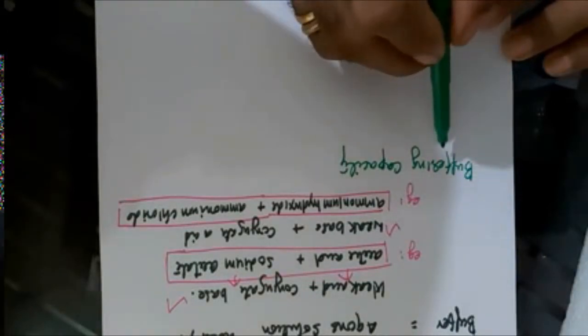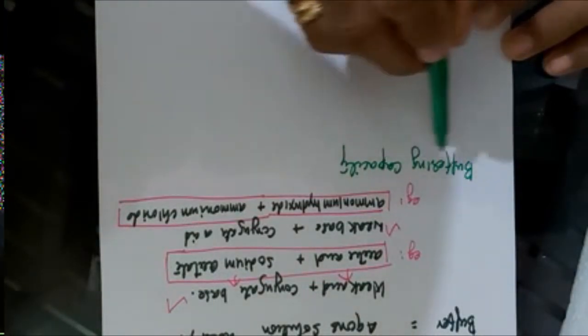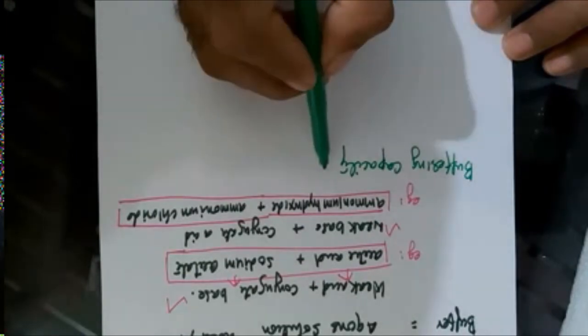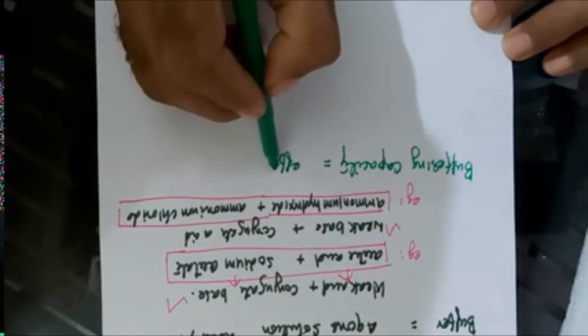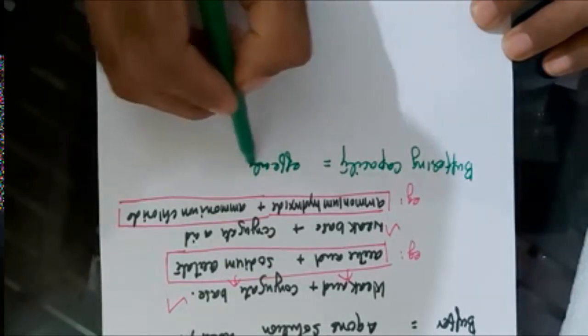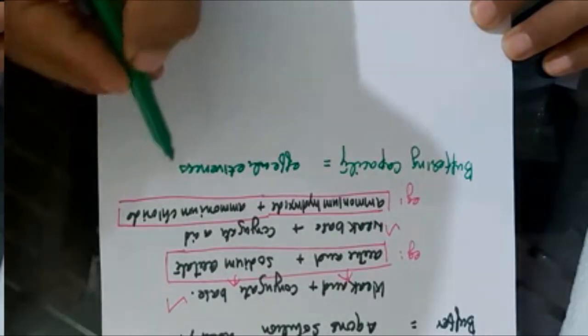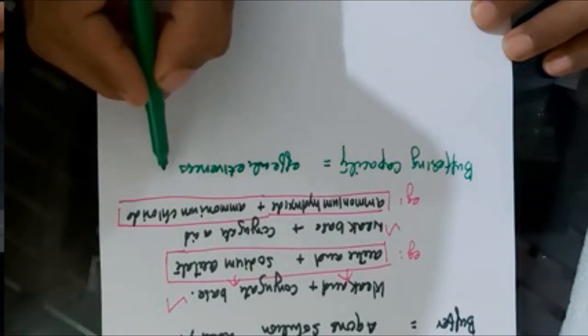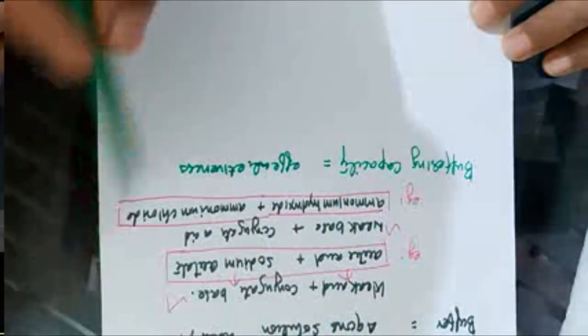So there is another important term called buffering capacity. What is the buffering capacity? It is the capacity or the effectiveness of a buffer system to resist the fluctuation in pH.